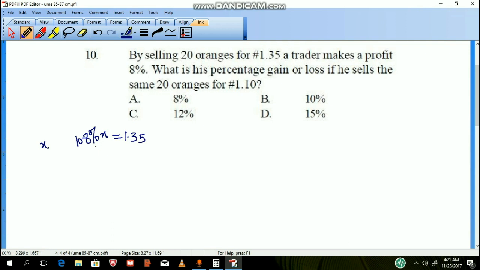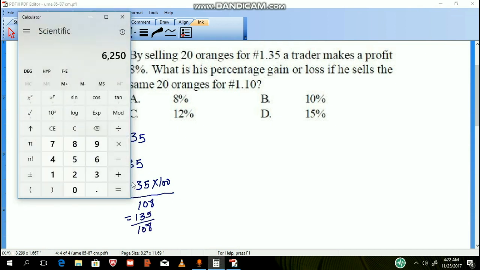So from here we can figure out X. If we have 108 divided by 100, X equal to 1.35. If we make X the subject, X will be 1.35 times 100 divided by 108, and that will be 135 divided by 108.